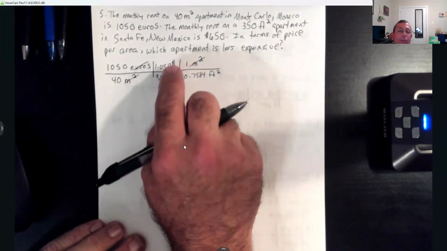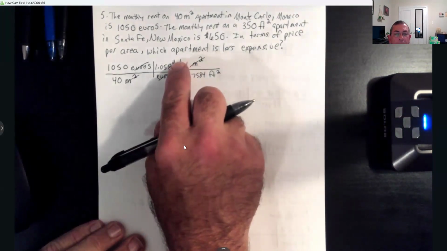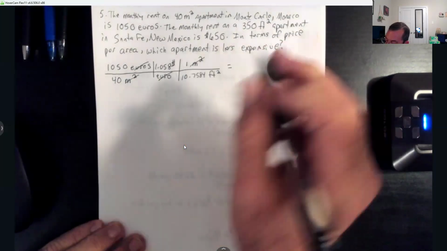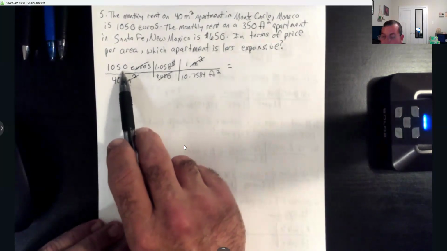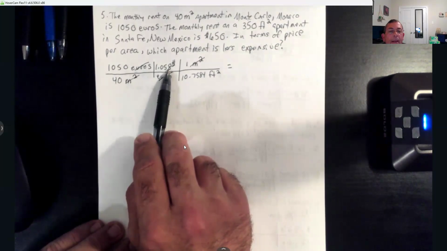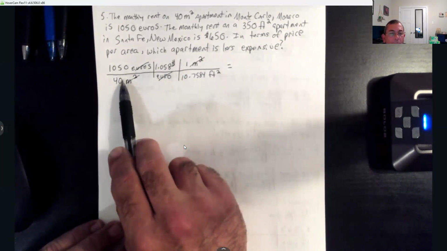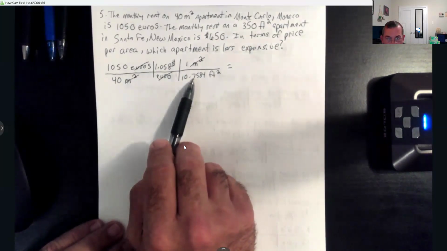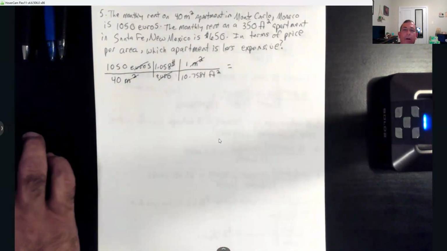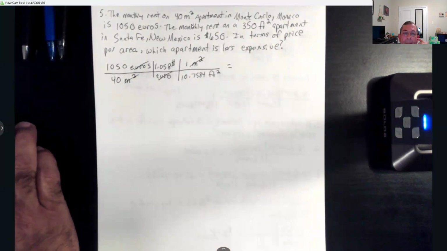I need to figure out the price in dollars per square foot. So for this one we would multiply 1050 times 1.058 and then divide by 40 and divide by the 10.7584. So y'all, let's go to the calculator and do that.